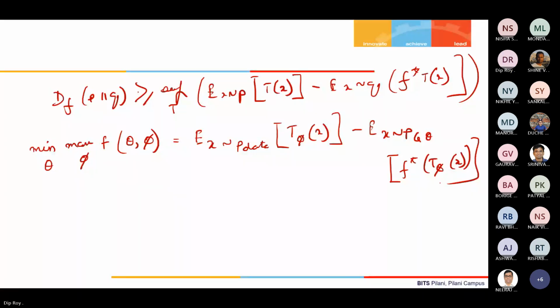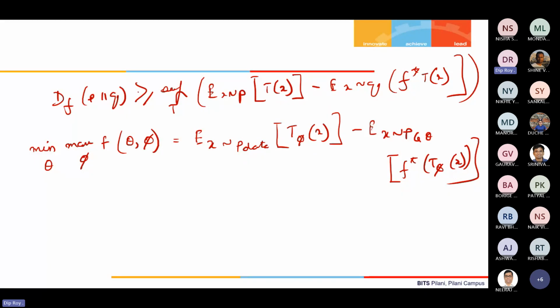So you have your samples from p data. You have your discriminator, which is T of x. And what you are going to do, basically everything now falls in place.